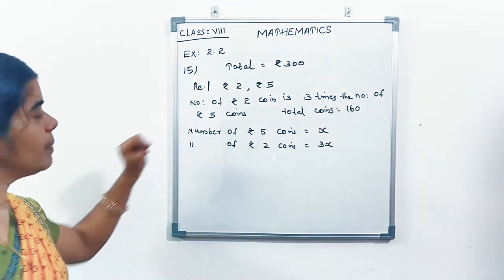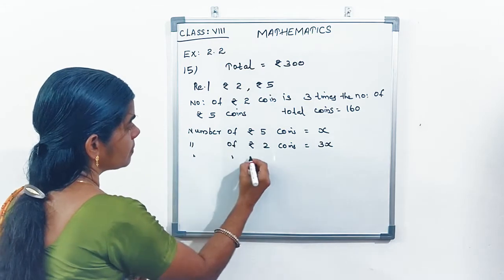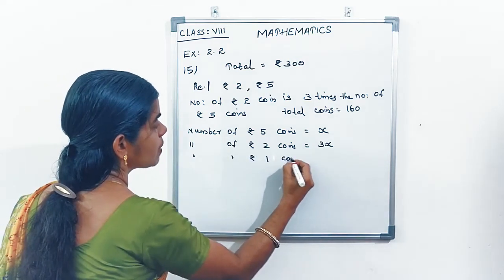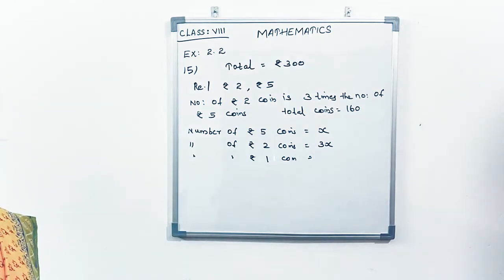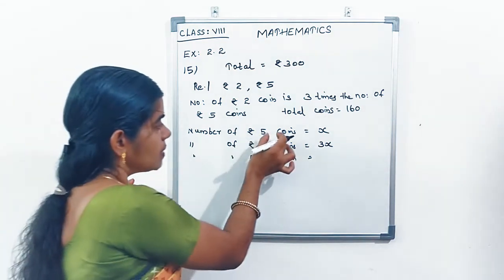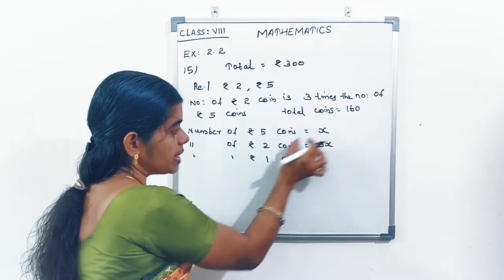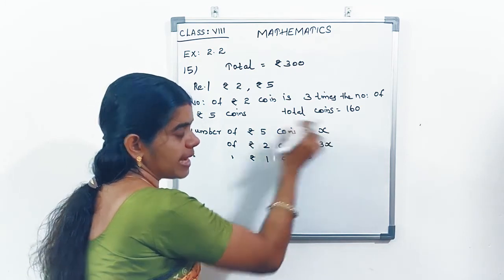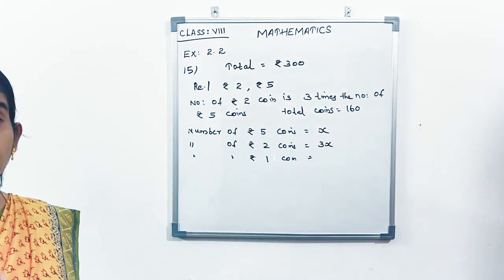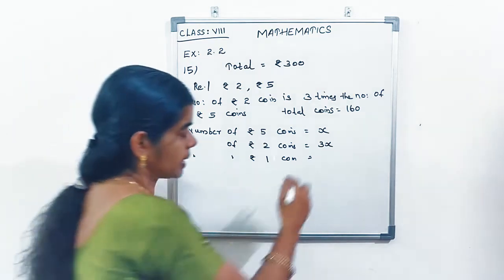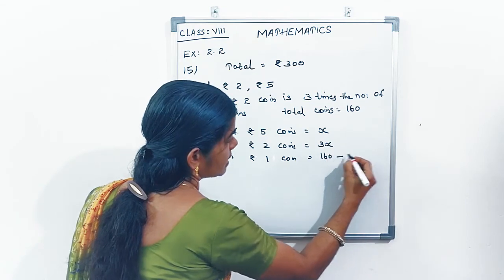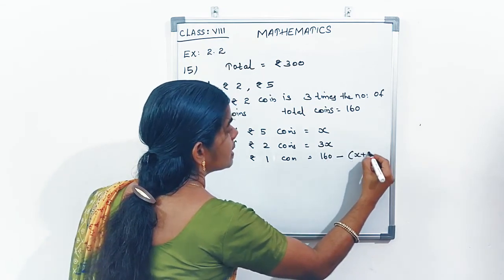Then what will be the number of 1 rupee coins? The total number of coins is 160. The 5 rupee coins and 2 rupee coins together are X plus 3X, and you subtract that from 160. That will be the number of 1 rupee coins. So 160 minus (X plus 3X).